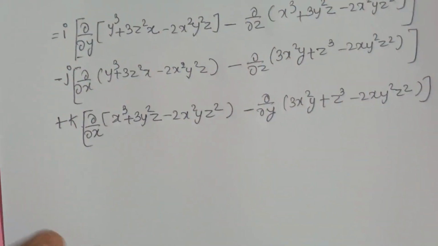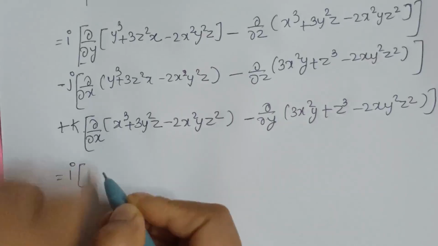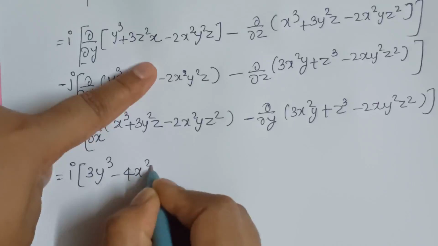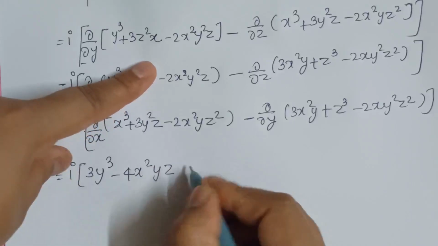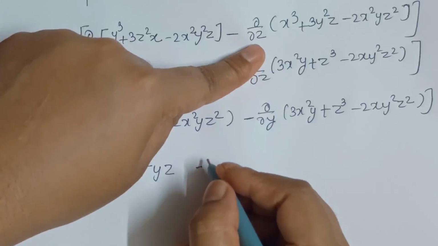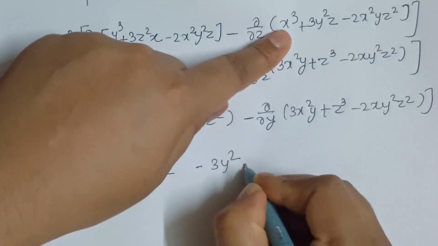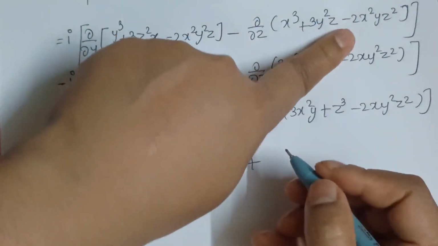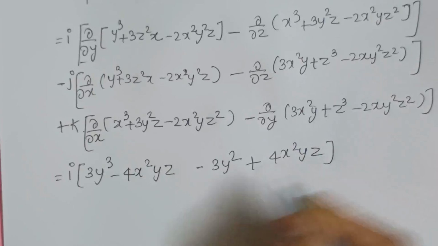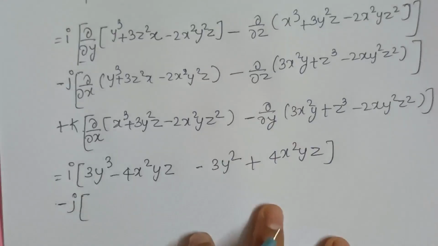Done. Now we'll partially differentiate with respect to y. So it becomes 3y cube minus 4x square yz minus, this is partially differentiation with respect to z. Okay, so it becomes 3y square, this is 0, plus minus into minus plus plus 4x square yz. Done. Minus j, just differentiate it.